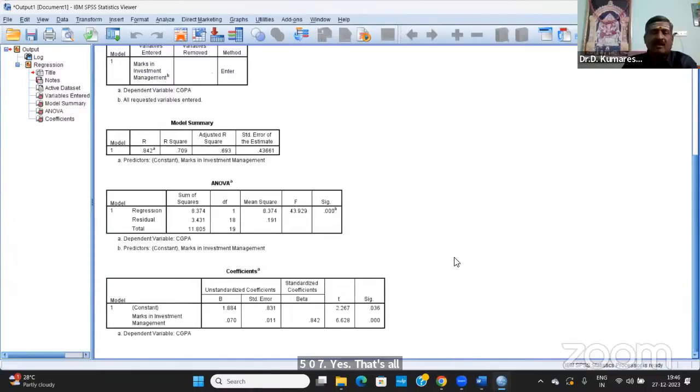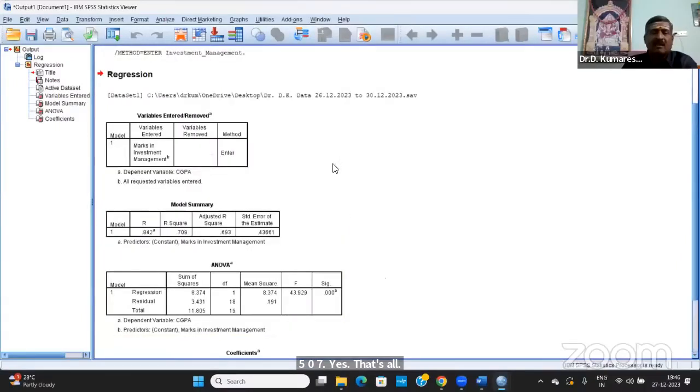So here there are two methods, enter method and remove method. By default, enter method is taken. In the given case, all requested variables are entered. One variable we have given, that is entered. So no removed variable.